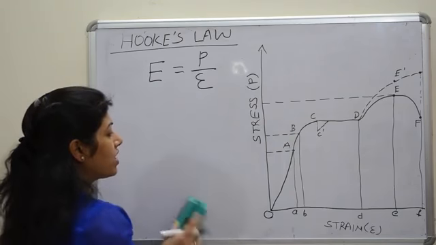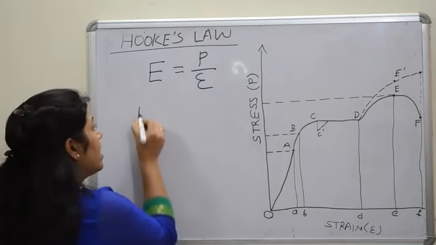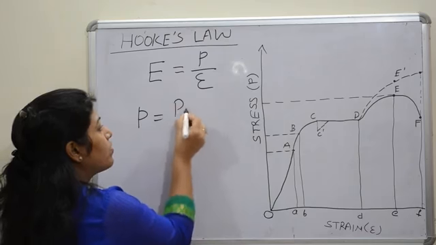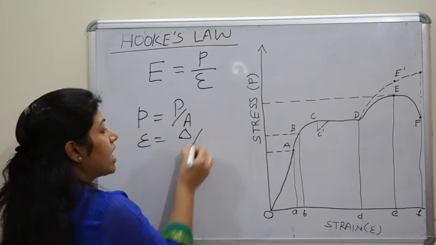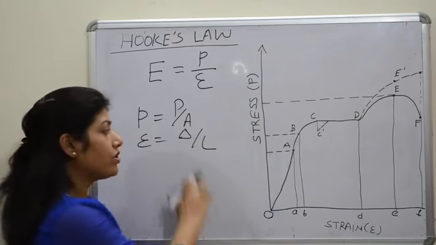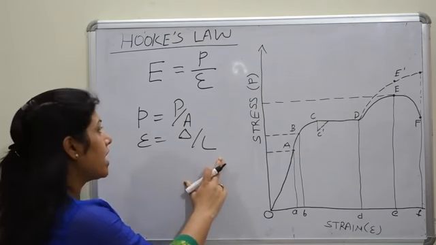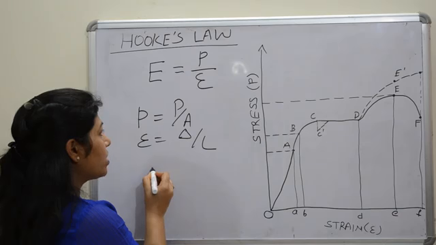Here, if we replace stress equal to force per unit area, p equal to P by A, and strain equal to change in dimension by original dimension, or change in length by original length, then what will be the equation?